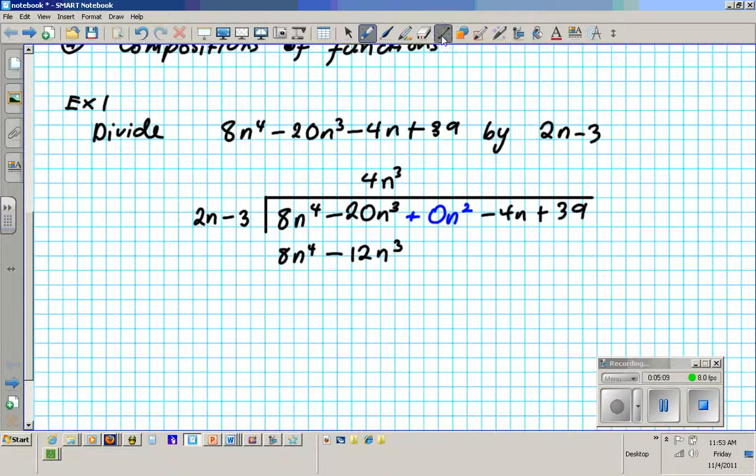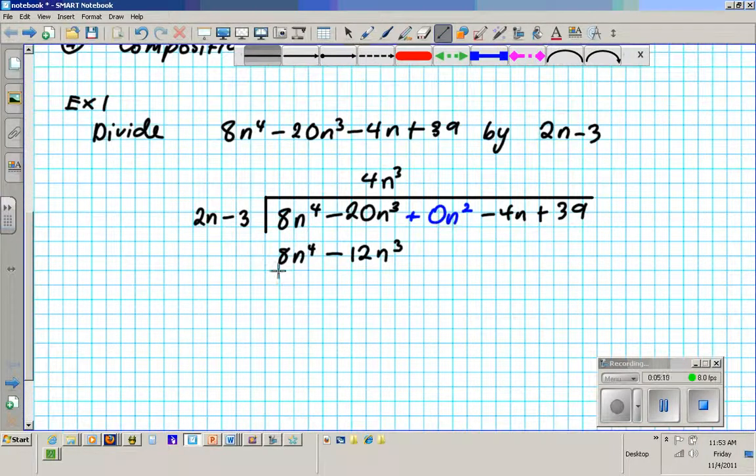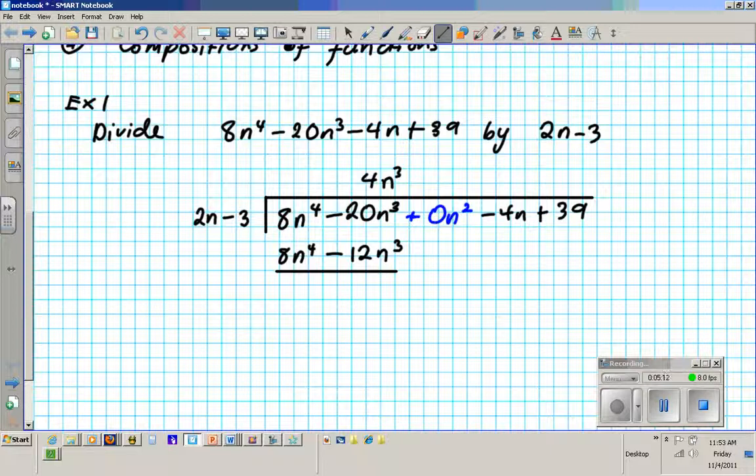Okay? Now we're going to subtract. So we have to add the opposite, so this becomes a minus, and that becomes a plus. These two cancel out, this becomes negative 8n to the third, and then you bring the 0n squared down, plus 0n squared.